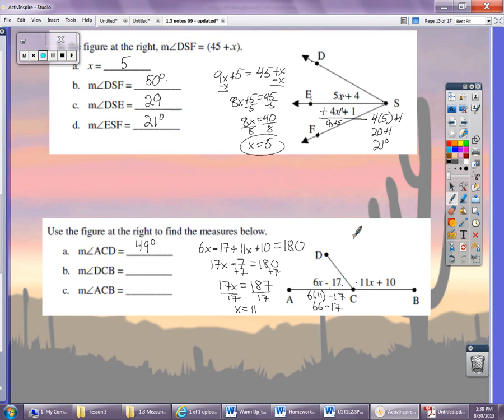We plug in 11 here, so we have 11 times 11 plus 10, and that's 121 plus 10, which is 131 degrees. So 131 degrees for angle DCB. And then if we add these two, we should know that they're going to give us 180 degrees. And that is our notes on the angle addition postulate and our angle congruence postulate.